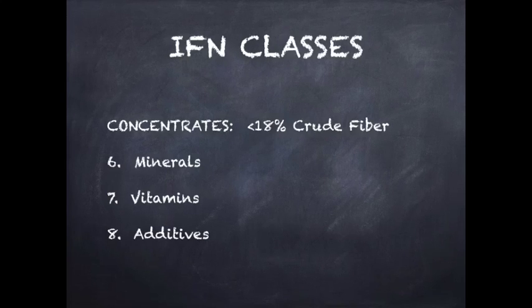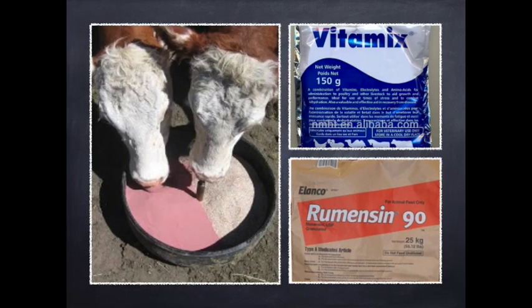In addition to energy feeds and protein supplements, we have some more concentrates that make up the remaining 3 IFN categories. Category 6 is minerals, Category 7 is vitamins, and Category 8 is additives. If we take a look at some examples of these last 3 categories, we have a trace mineral salt in this first picture with the 2 Hereford-looking cattle consuming it.